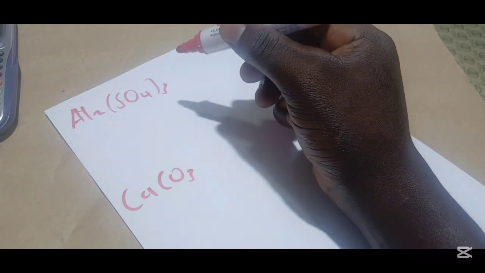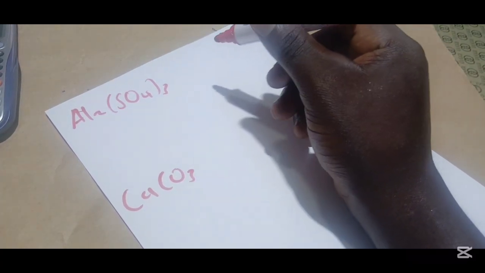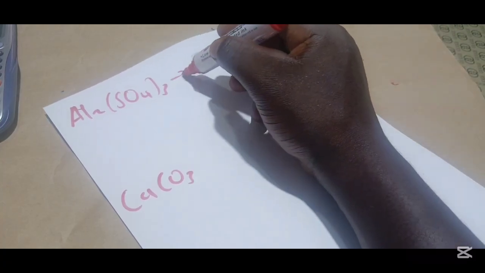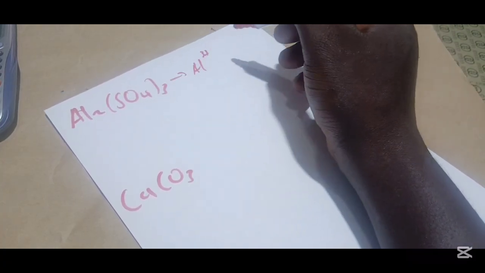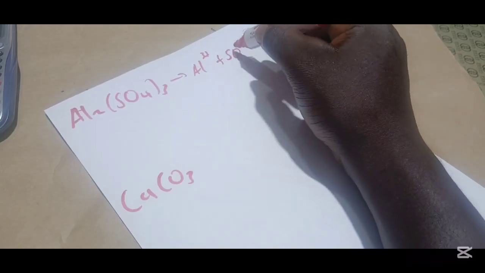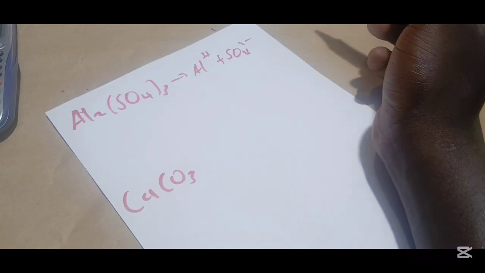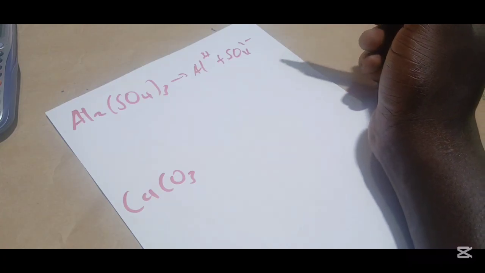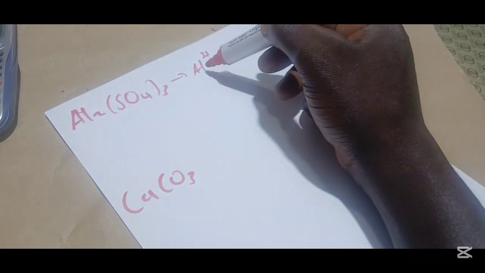Equivalent weight for Al2(SO4)3. So this will ionize into Al 3 plus and SO4 2 minus. Is this equation balanced? No, the equation is not balanced. Here we have 2 of the Al, and we have 1 of the Al here.